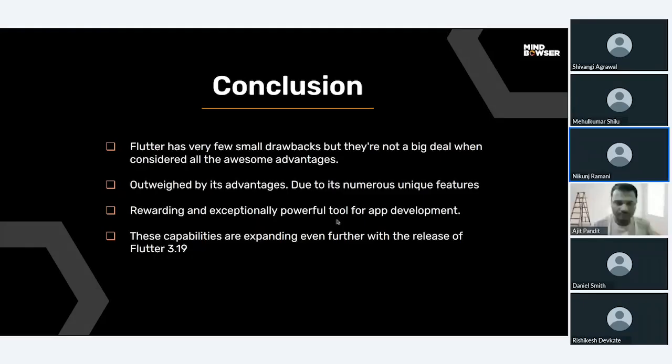In summary, while Flutter has a few drawbacks, they are not a big deal when you consider all the awesome stuff it brings to the table. It is a powerful tool for building apps with lots of features that make development fun and rewarding.